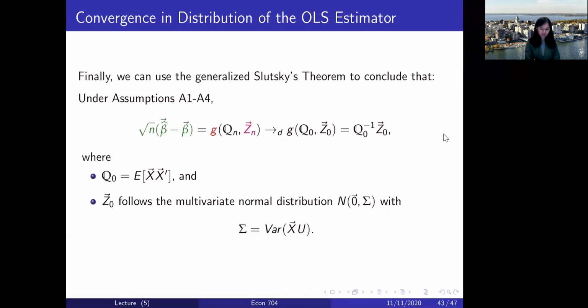So that is the conclusion. Root n times beta hat minus beta has this limiting distribution.